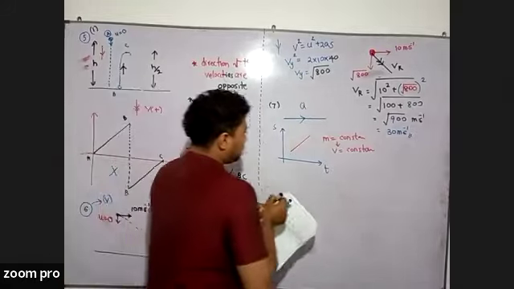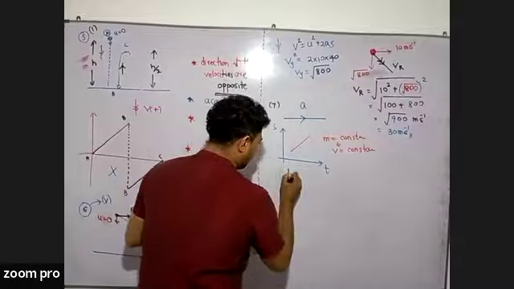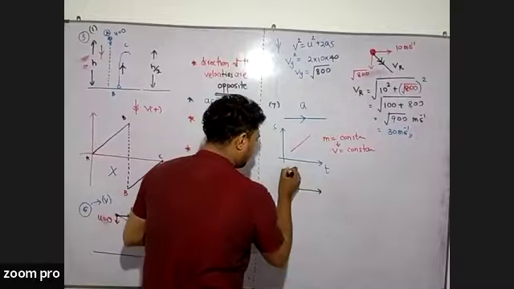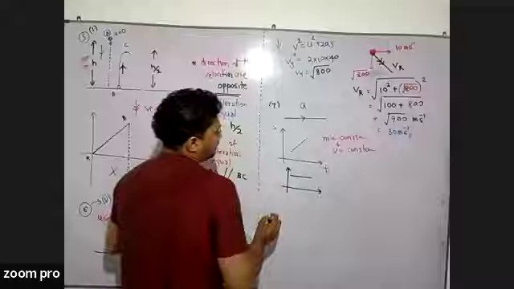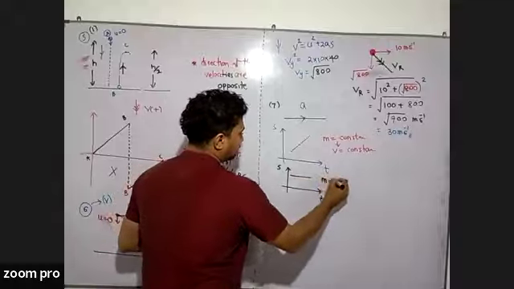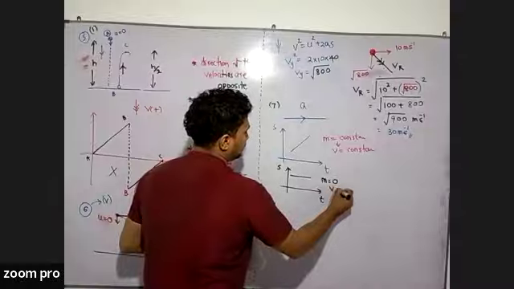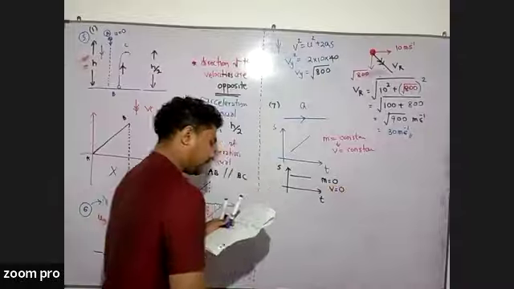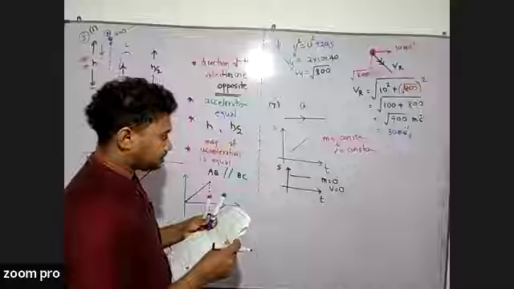And if they give the displacement-time graph like this, obviously the gradient of this graph is zero, so the velocity also represents zero, right?